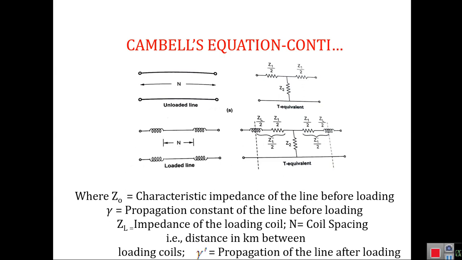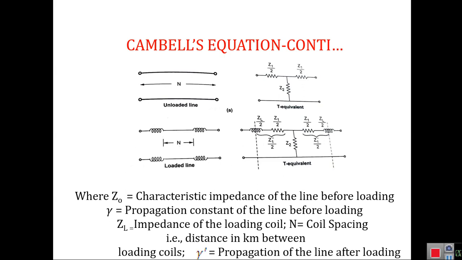So this T equivalent circuit gets varied. Here Z0 is the characteristic impedance of the line before loading, gamma is the propagation constant of the line before loading, ZL is the impedance of the loading coil, L is the coil spacing, that is, the distance in kilometers between loading coils, and gamma dash is the propagation constant of the line after loading.